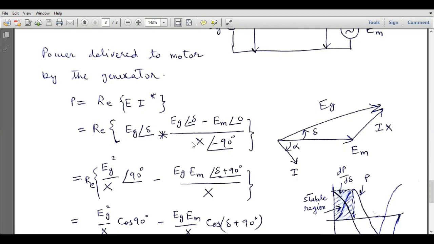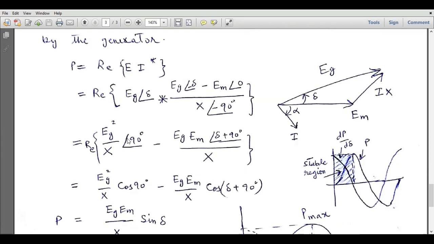So Eg square divided by X with an angle of 90 degrees. This is our first term, and minus Eg multiplied by Em with an angle of delta plus 90 degrees. So this 90 will be added when it goes to the denominator, and it will be added to delta, and X will be in the denominator. So when this angle goes to the numerator, it will be plus 90 degrees.